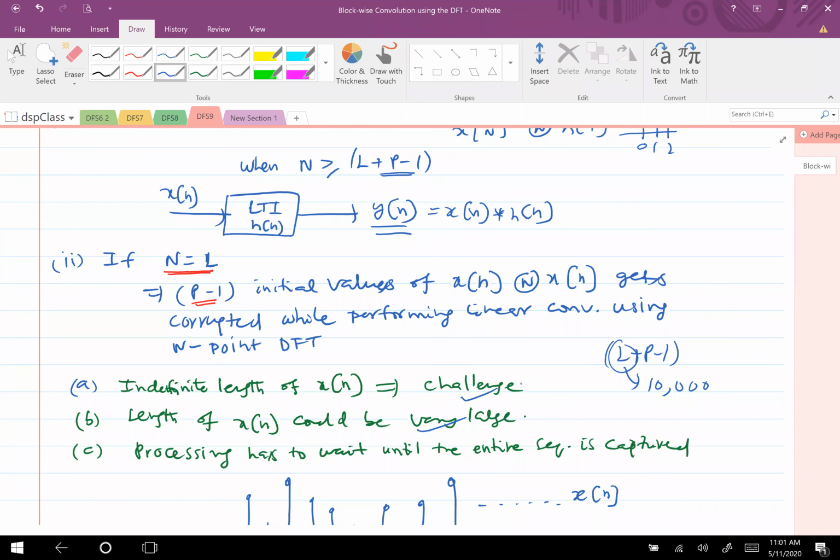And the next thing is, even if you could afford large sequences, even if you know the finite length of it, you still have to wait to do the processing till the whole signal is acquired. Sometimes that's not what you want to do.